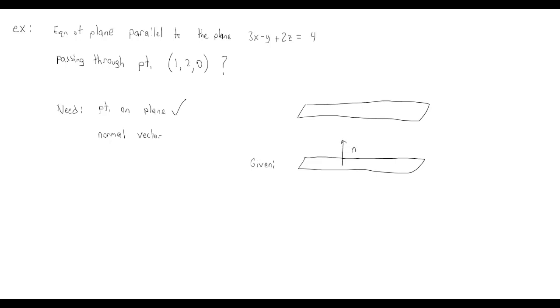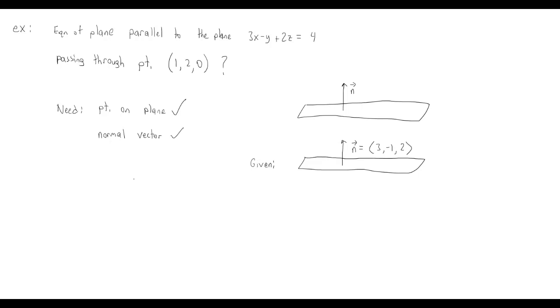So the vector 3, -1, and 2, coming from the coefficients up here, gives me the components of a normal vector to this plane. Because our two planes are parallel to each other, that means that this vector should also be normal to the plane that we are looking for. So therefore, we can use this vector as a normal vector for our plane.